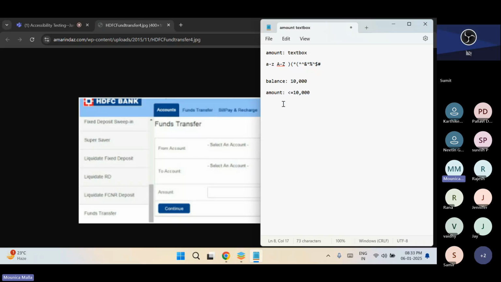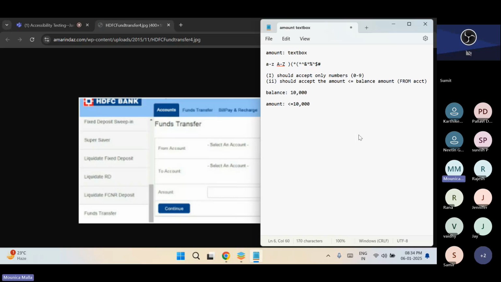So that logic is already built into this text box by your banking applications, which means that the text box should accept only numbers from 0 to 9. That is one point. The second point is it should accept an amount which is less than or equal to the balance in your from account.